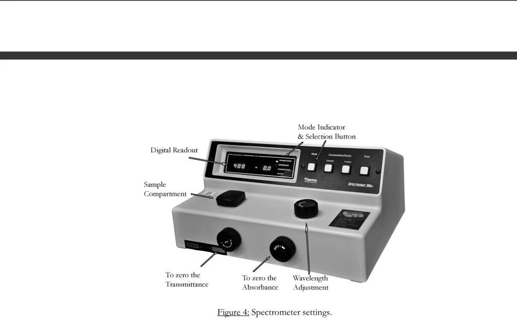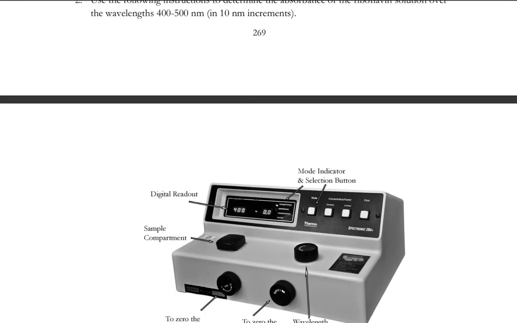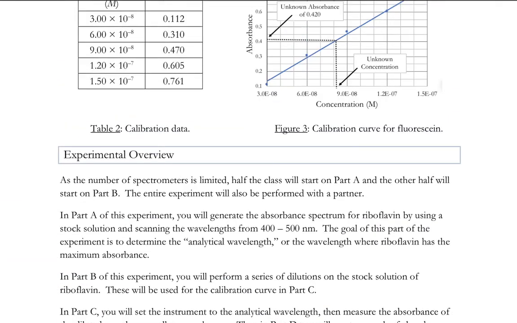We adjust the wavelength with that dial called wavelength adjustment. And when we're all set, we see the wavelength in the display. So you will see in the experiment video the spectrometer shown in the video. Alrighty, so that's how we measure absorbance.